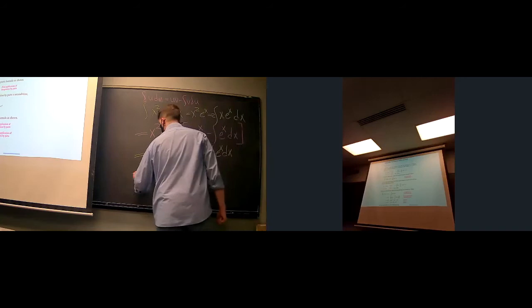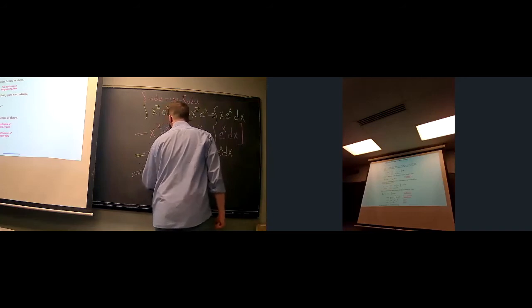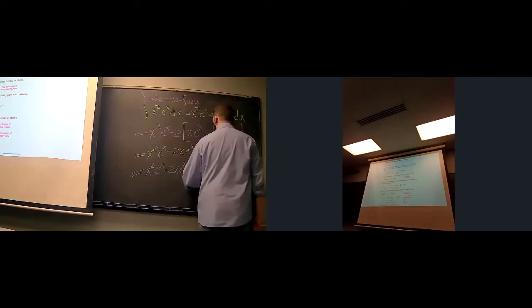And now, integrating, we should get x squared e to the x minus 2x e to the x plus 2 times e to the x plus a constant.